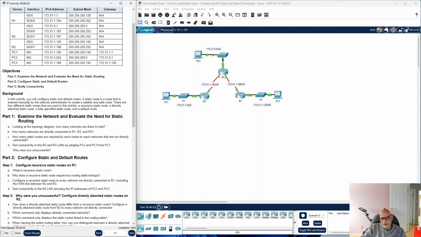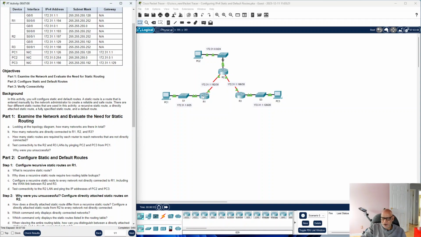Now we have to determine which networks are directly connected to each router. Let's start from R1. How many networks are directly connected to R1? 31.1.0 and 1.192. These are the two networks that are directly connected to R1.